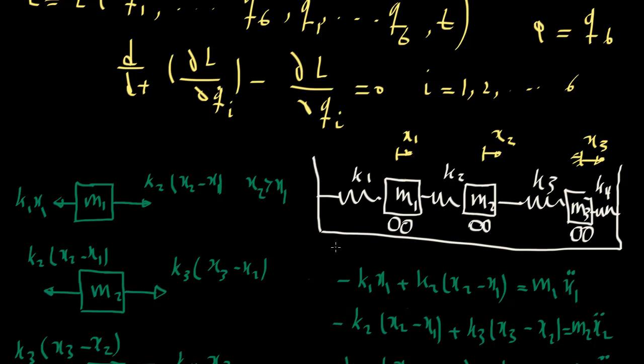So there would be a more generalized format of this Lagrange equation that has a term on the right hand side that is associated with all the non-conservative forces, all the external forces on the system. But that's something again for mechanical vibration.